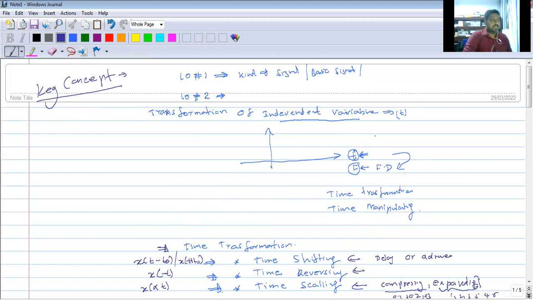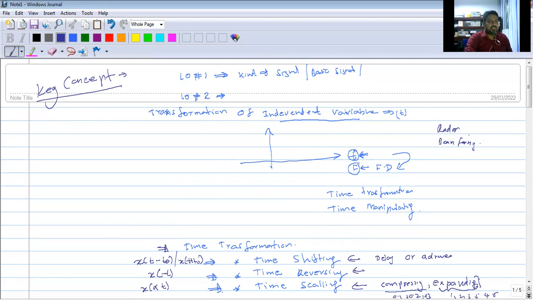For example, in radar systems, there are some beamforming systems. Beamforming means that when we are transmitting a signal, we can steer it to a specific direction.